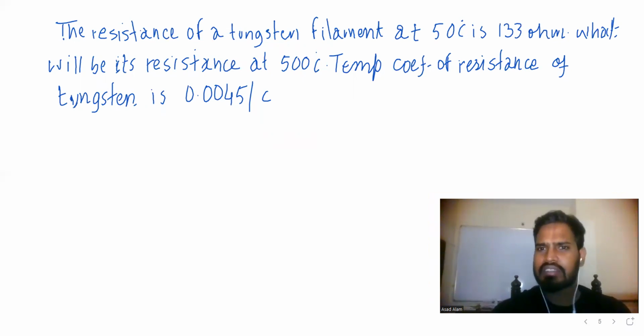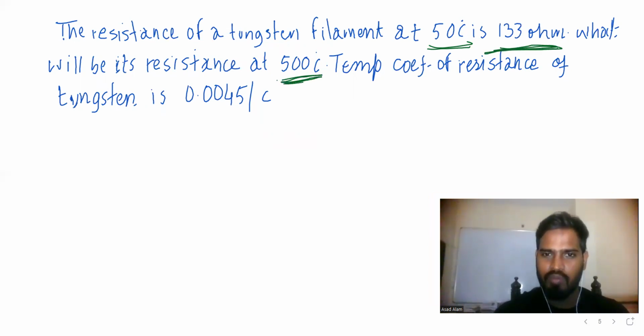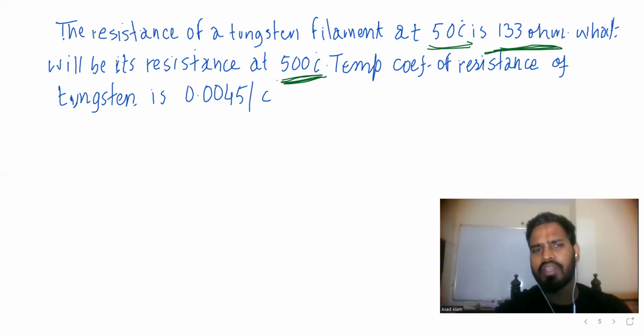The resistance of a tungsten filament at 150 degrees Celsius is 133 ohm. What will be its resistance at 500 degrees Celsius? Resistance we are supposed to find, the final resistance. Temperature coefficient is given. So write the equation.